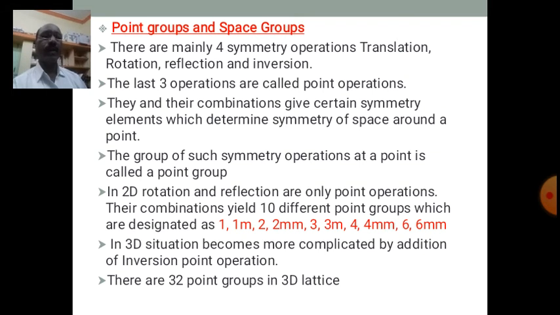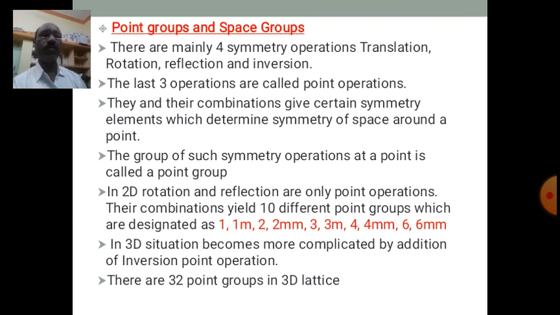If we combine rotation and reflection, they yield 10 different point groups which are designated as 1, 1m, 2, 2mm, 3, 3m, 4, 4mm, 6 and 6mm.